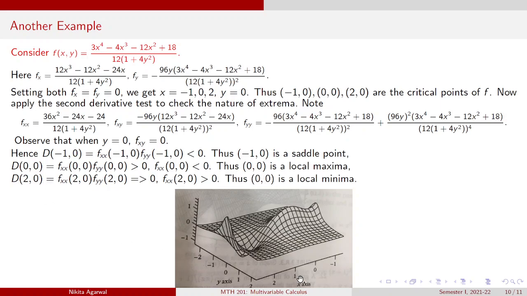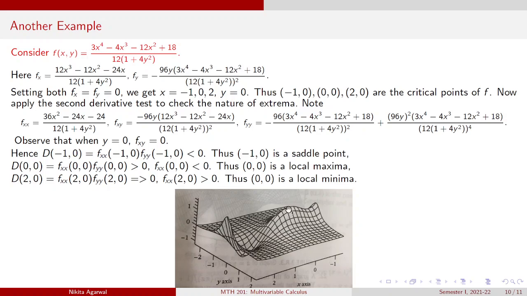This is the graph of the function. So this is the x-axis. So there are 3 points, (-1, 0). So (-1, 0) is here. So you can see that (-1, 0) is a saddle, right? In this direction, it's a minimum. In this other direction, it's a maximum, right? Now, at (0, 0), this is the point.